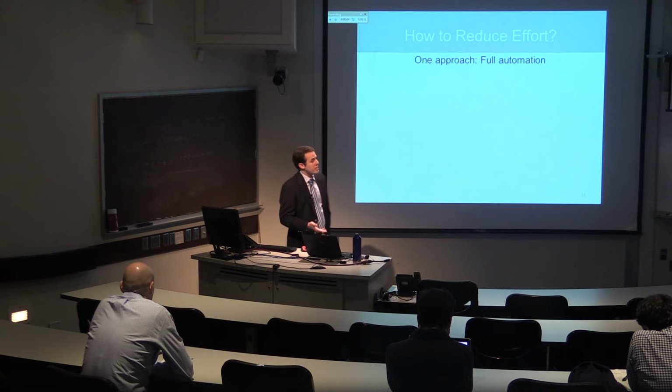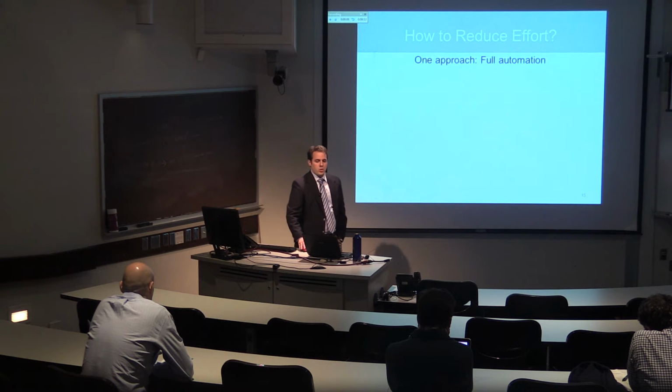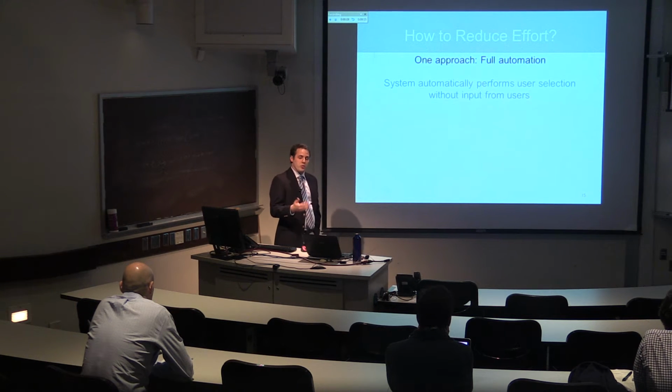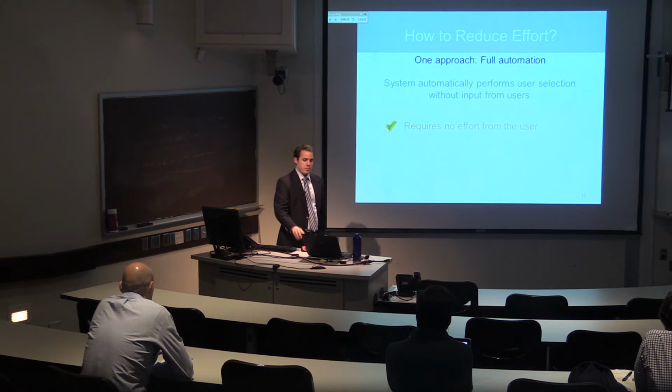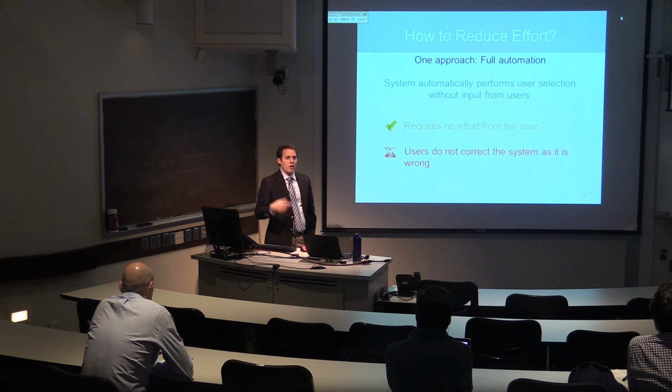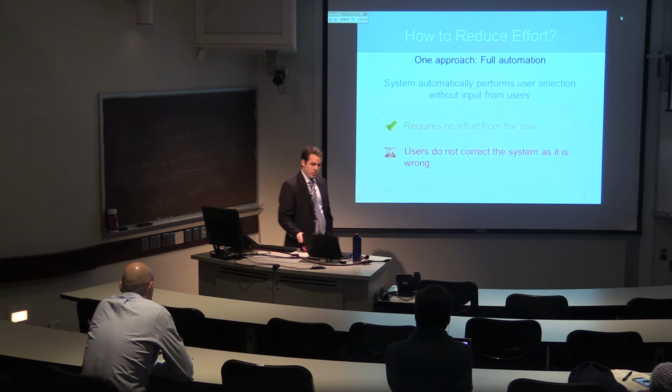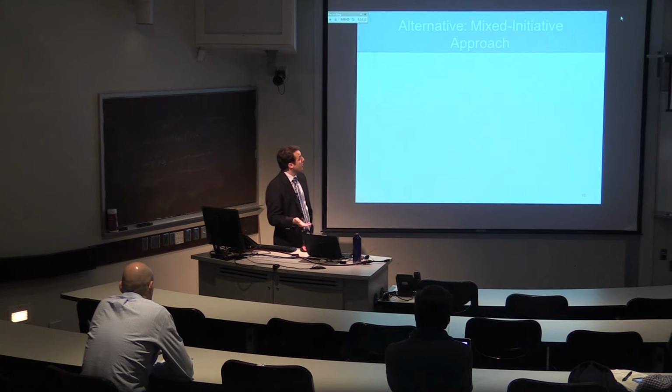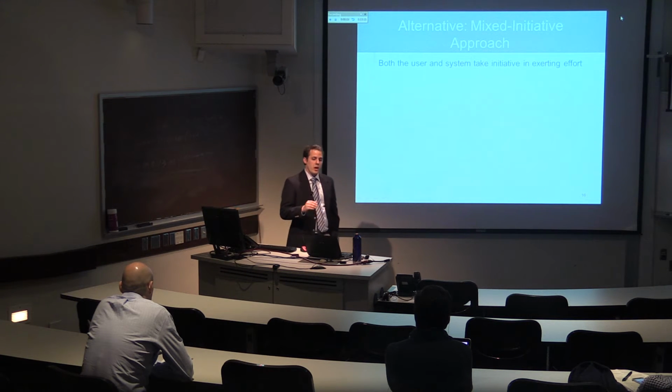Well, one approach is full automation, where the system automatically performs user selection without input from the users. This is good in that it requires no effort from the user. But users do not correct the system as it is wrong, therefore allowing through possible errors. An alternative is a mixed initiative approach, so called because both the user and the system take initiative in exerting effort.